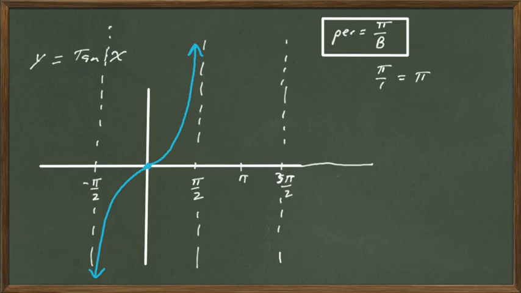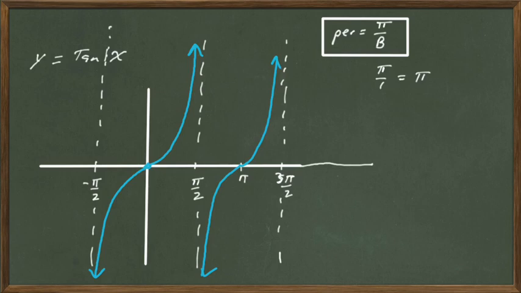And it does repeat, but again, I usually ask for one cycle or one period. So the tangent is a little different. It has no amplitude, and the period is different. It's pi over B as opposed to 2 pi over B.